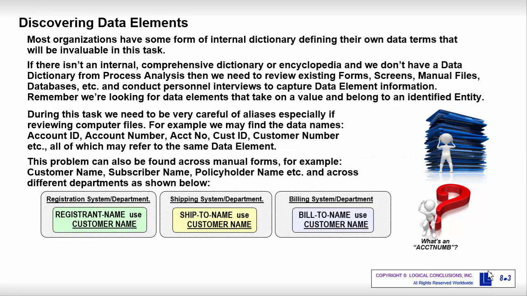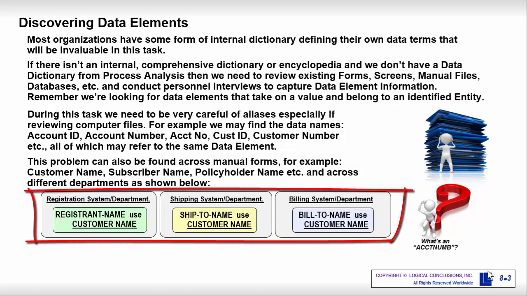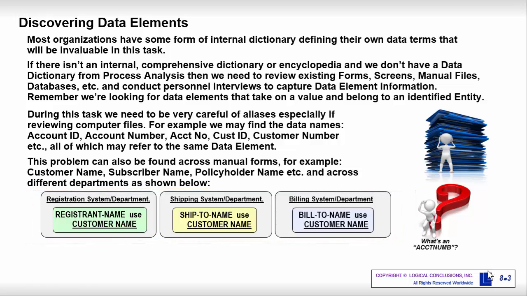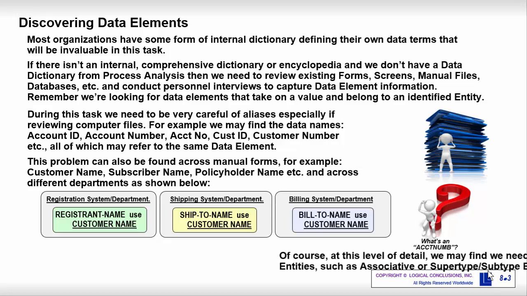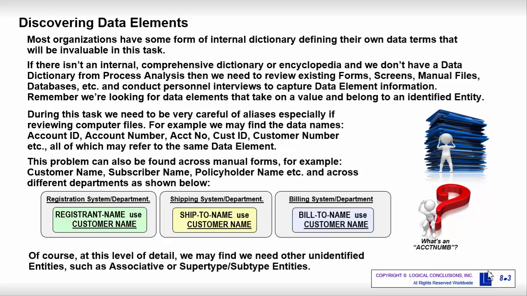This problem can also be found across manual forms, for example, customer name, subscriber name, policyholder name, etc., and across different departments, as shown in the small example below, where registrant name, ship to name, and bill to name are all aliases for customer name. Of course, at this level of detail, we may find we need other unidentified entities, such as associative or supertype-subtype entities.